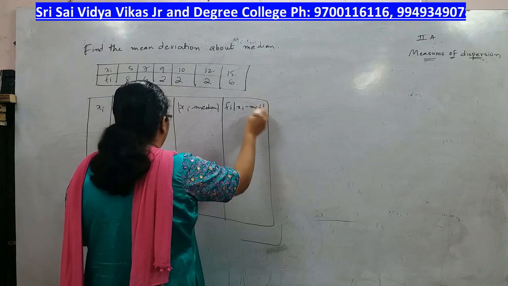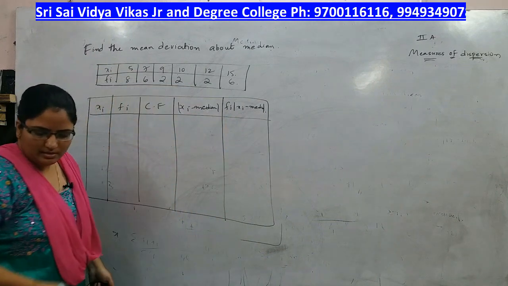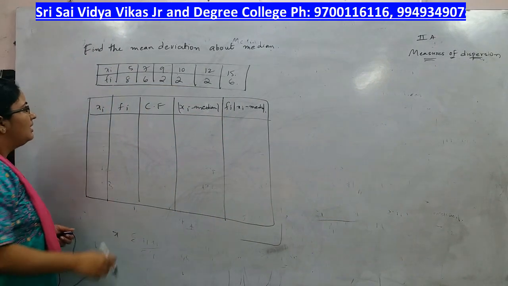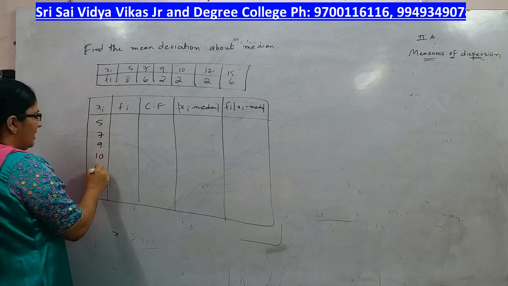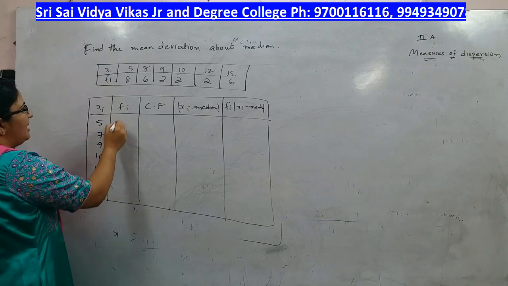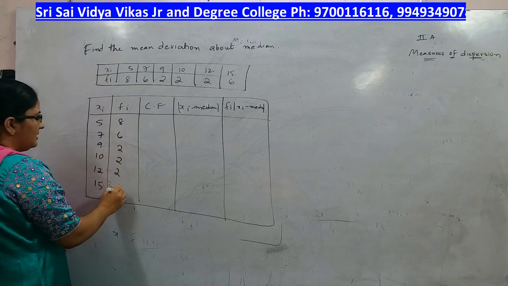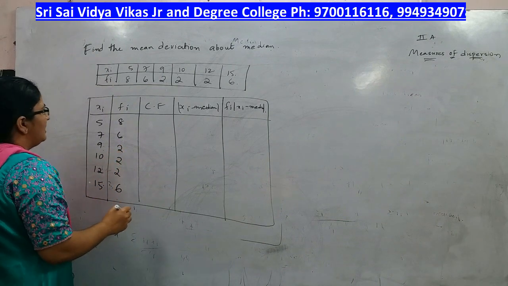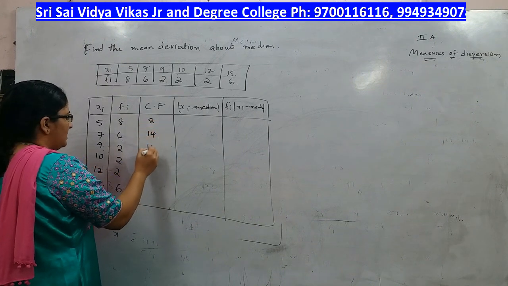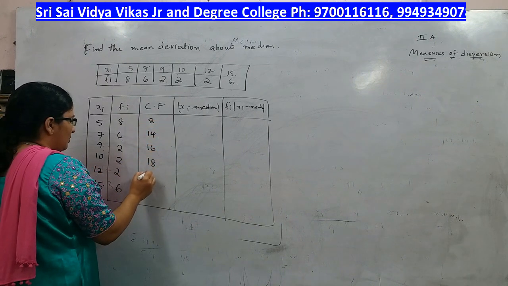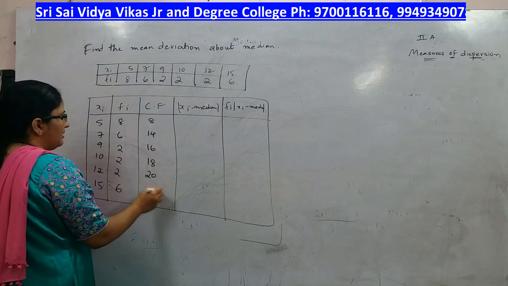This is what we need. Xi values are 5, 7, 9, 10, 12, 15. Fi values are 8, 6, 2, 2, 2, 6. Cumulative frequency: 8, 8 plus 6, 14, 14 plus 2, 16, 16 plus 2, 18, 18 plus 2, 20, 20 plus 6, 26.